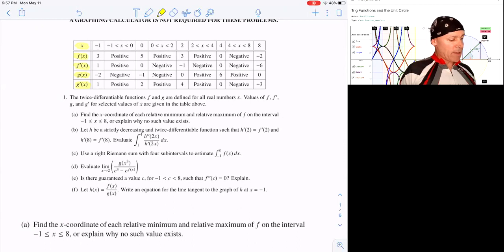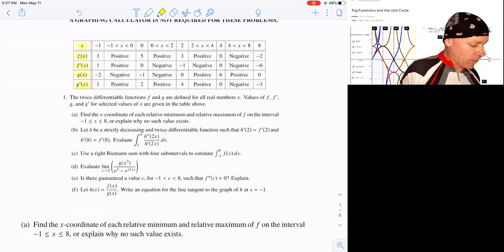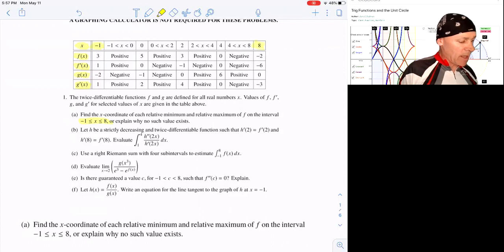Part A says find the x-coordinate of each relative minimum and each relative maximum of f on the interval -1 to 8. I'm checking my interval here, -1 to 8, and it looks like that's going to include the entire table.